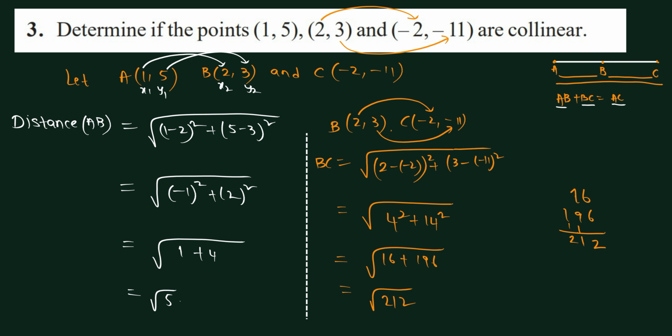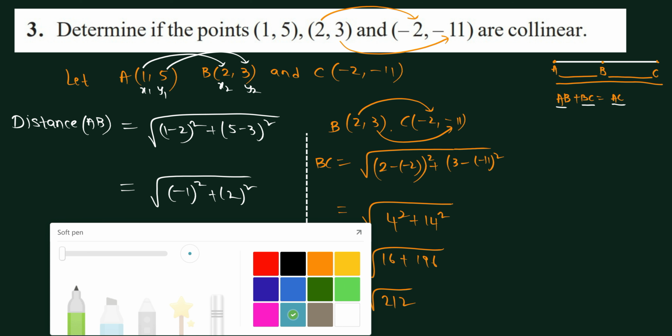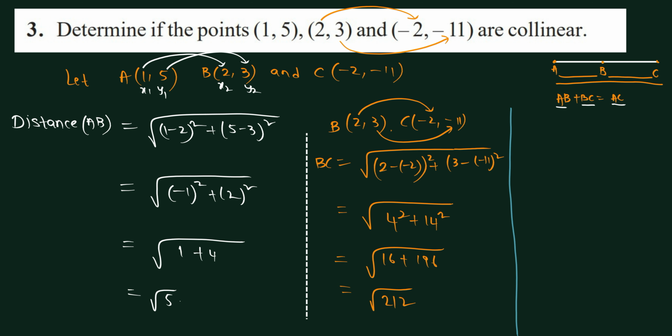Now find the value of CA. What is C? The C value is (-2, -11), and A value is (1, 5). Find the value of CA. Minus 2 minus 1 becomes minus 3 square.